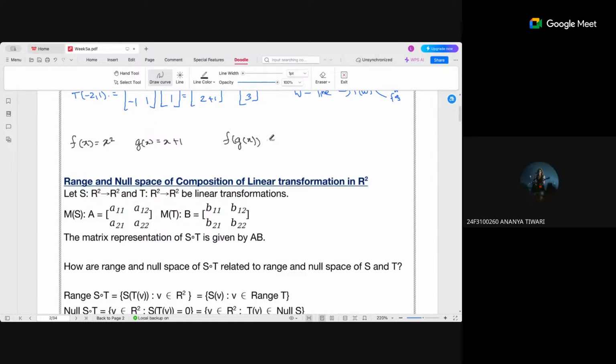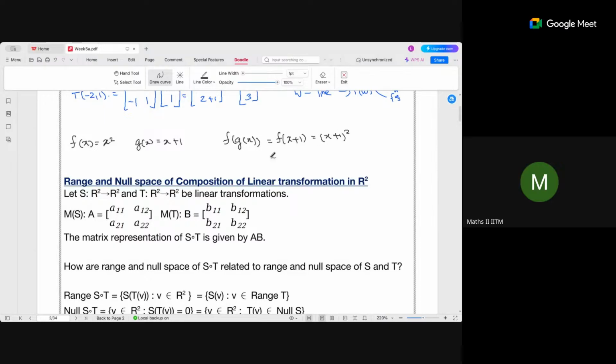First we write f, and inside it we put g of x, which is x plus 1. So this is x plus 1 whole square.